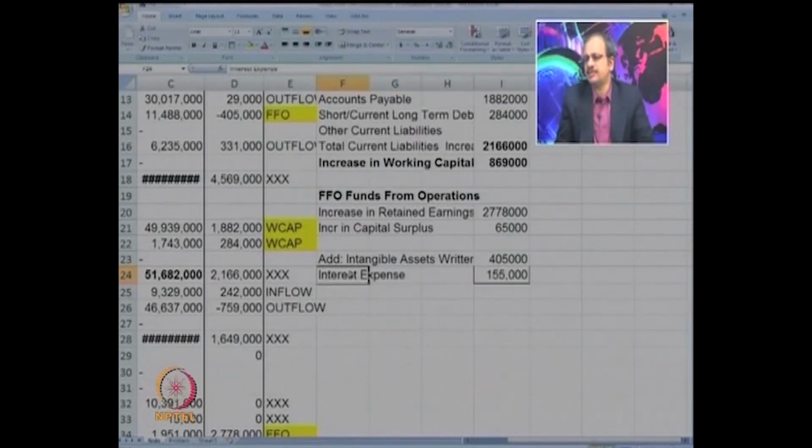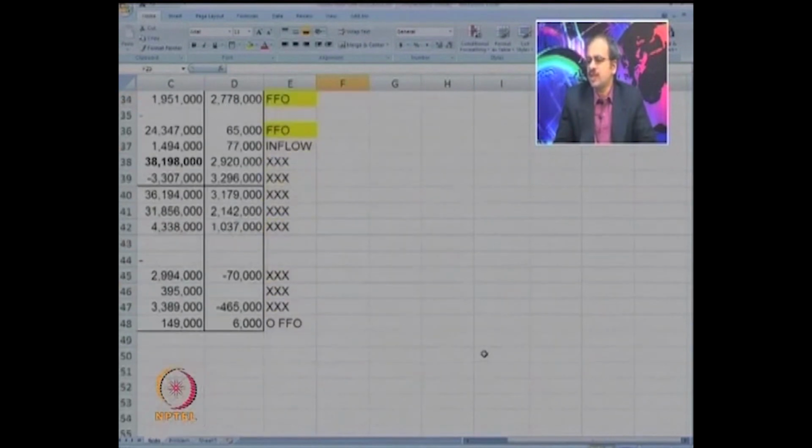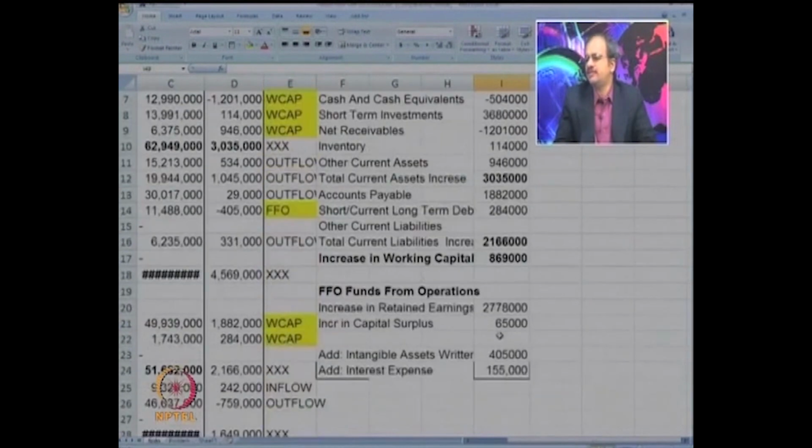Interest expense. You are right, it is also added. So interest as and when paid must have been reduced from profits. Now we are adding it back because we are going to separately show interest expense. So we will mark interest also as recorded.